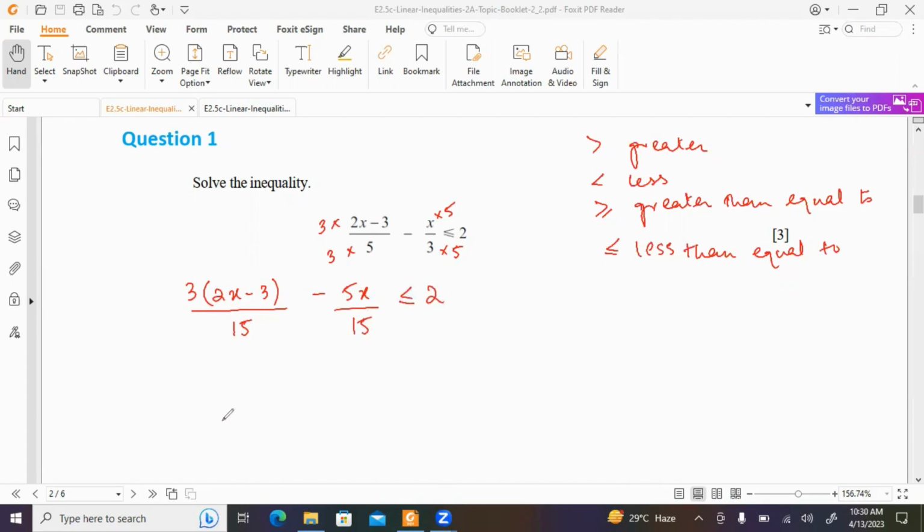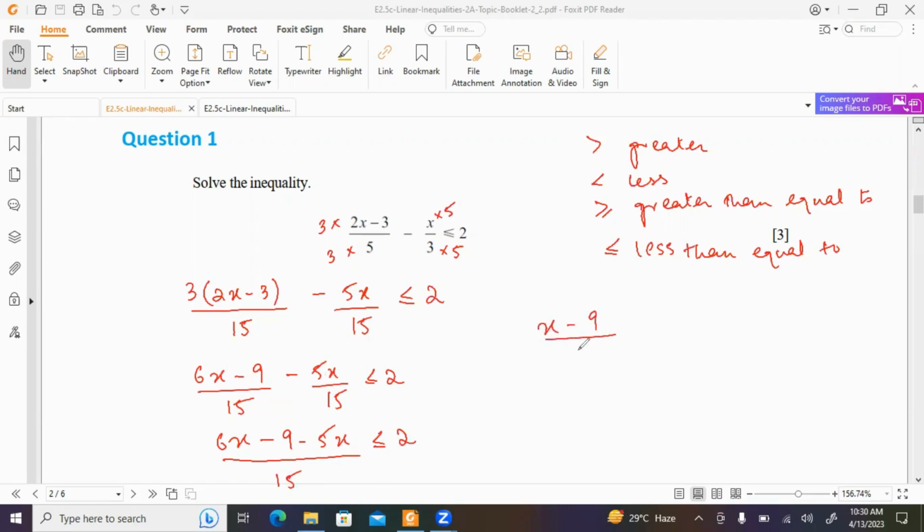Once the denominators are the same, we can easily subtract the numerators. But first we have to expand the brackets for the first fraction. So it's going to be (6x - 9)/15 - 5x/15 less than or equal to 2. I'm going to subtract the numerators, so 6x - 9 - 5x over 15, which is (x - 9)/15.